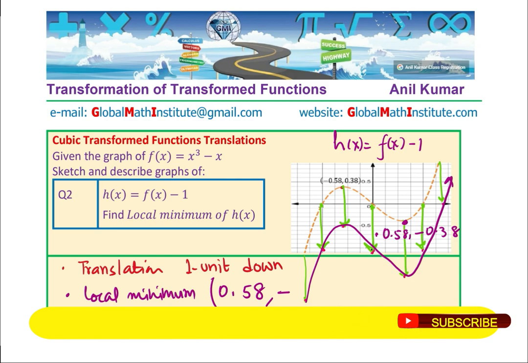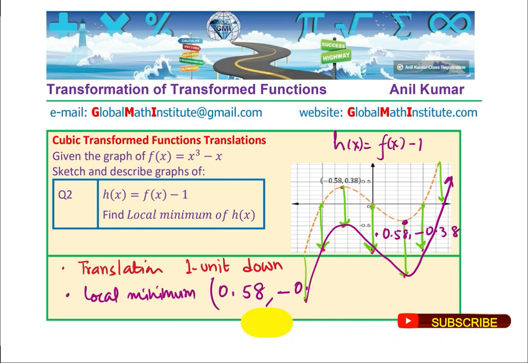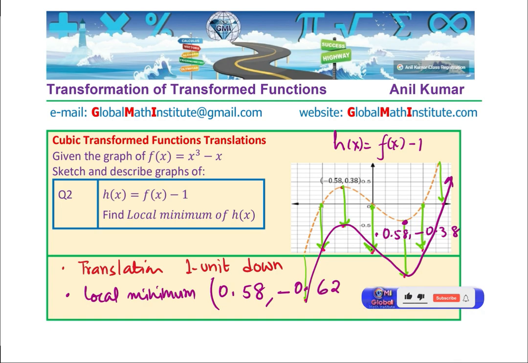So when I take away, you get minus 1.38, sorry, minus 1.38. Let me write in different ink. Since this 0.38 will go 1 unit down, right.